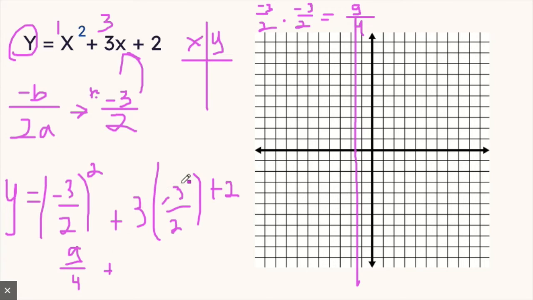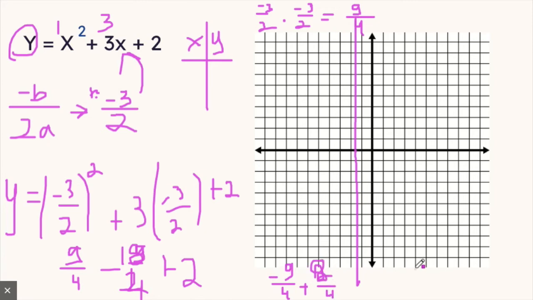plus 3 times negative 3 over 2 is going to be minus 9 over 2. We can rewrite this by getting rid of the plus and replacing it with the minus next to 9, plus 2. And when we solve this, we can multiply this by 2, both the top and the bottom, and do 9 minus 18, which is going to be negative 9 over 4 plus 2. 2 is the same thing as 8 over 4.